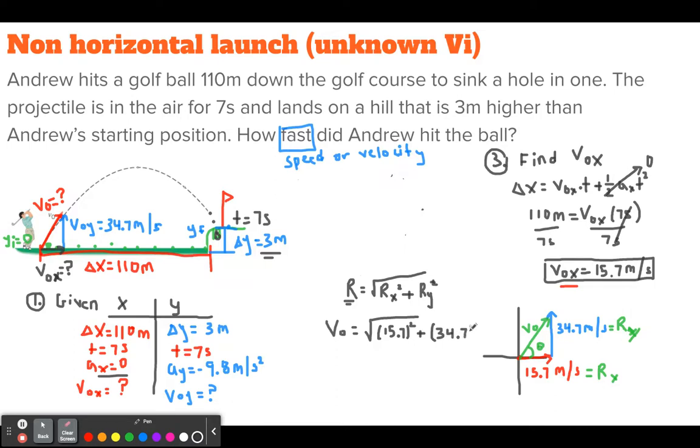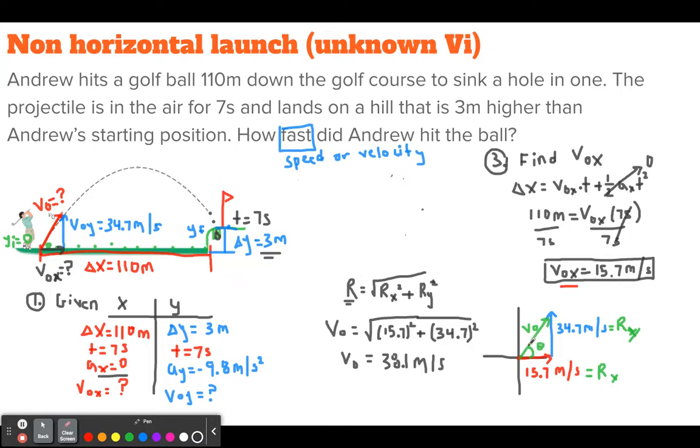Square root of that whole thing, to get the magnitude. When we plug that into our calculator, we will get 38.1 meters per second. That's the magnitude of our velocity. We are not done yet. We need to find the angle.